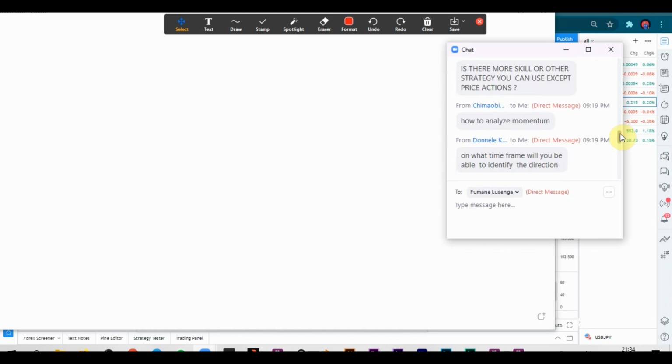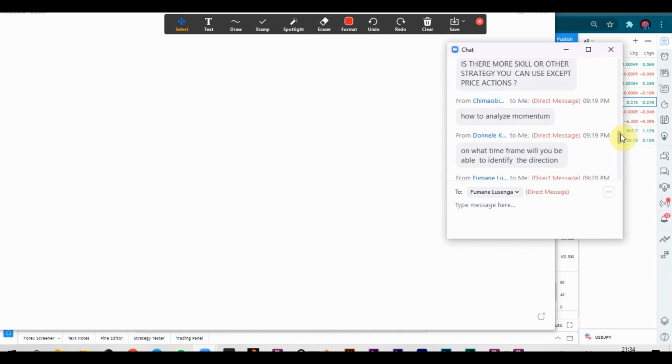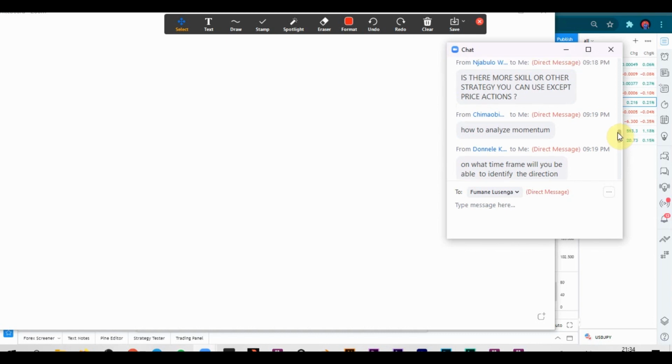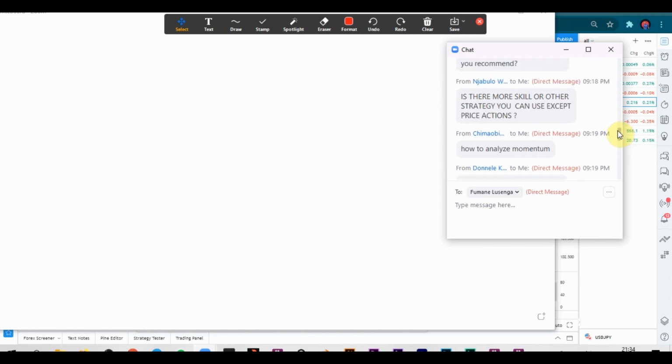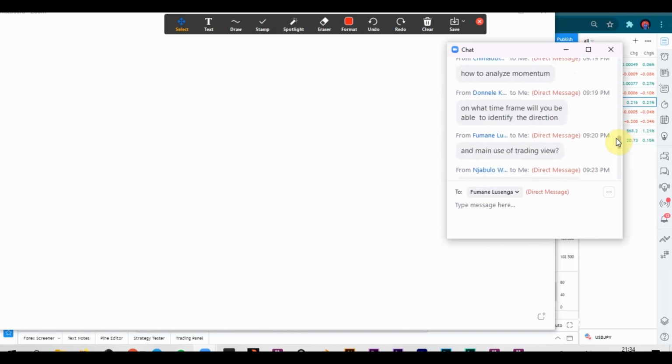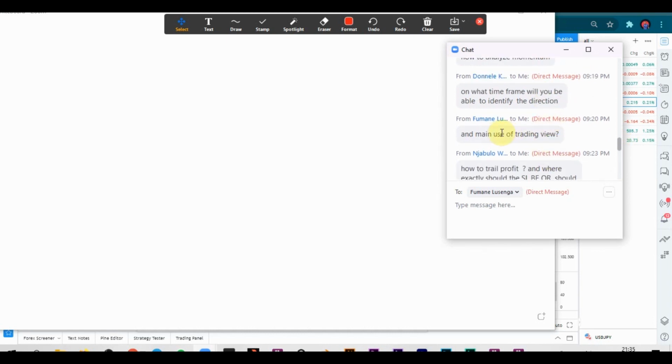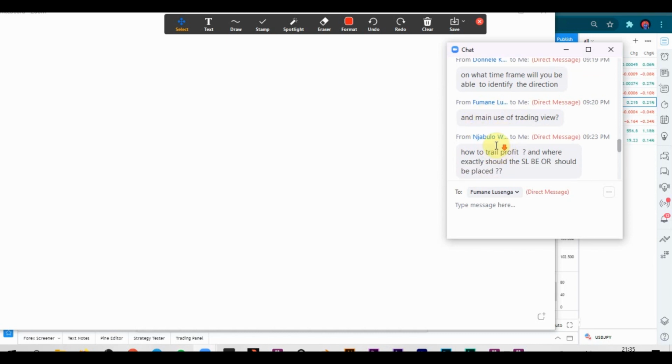If indicators are working better than price action on your side, then let's use indicators. If indicators are not working and price action is working for you, let's use price action. We are investing here, we are looking for return. So if something is not helping us, we try to figure out the problem with it, and if we don't find the problem, we have to throw it in the bin and try something else.